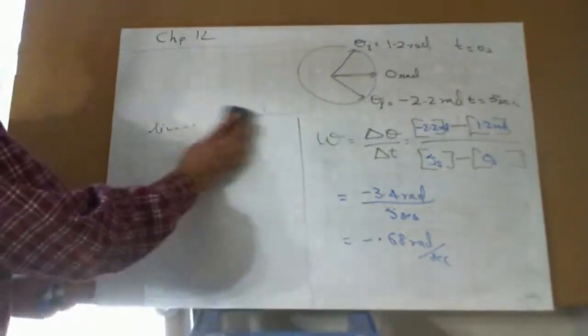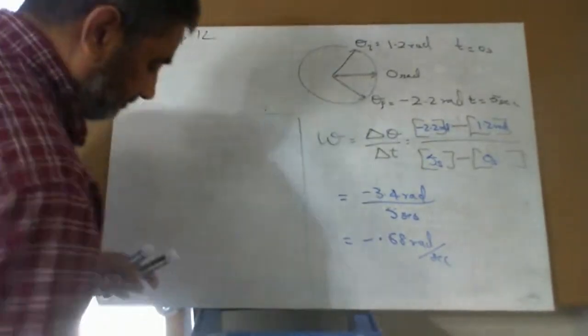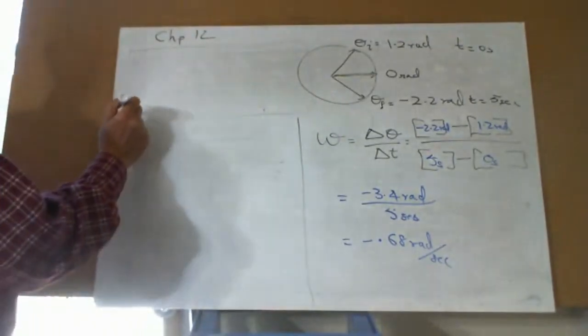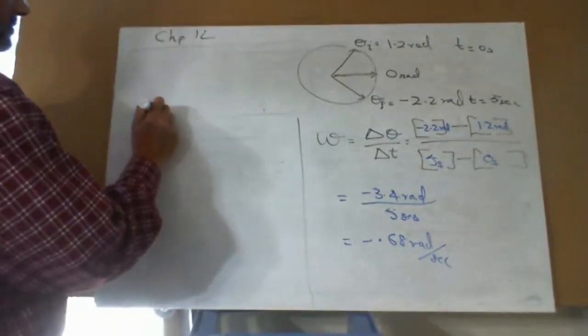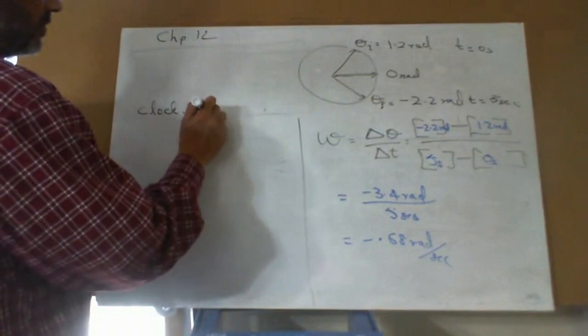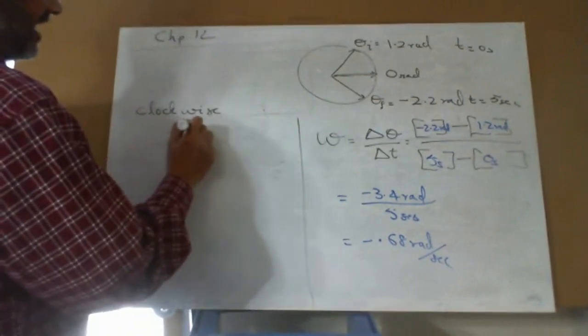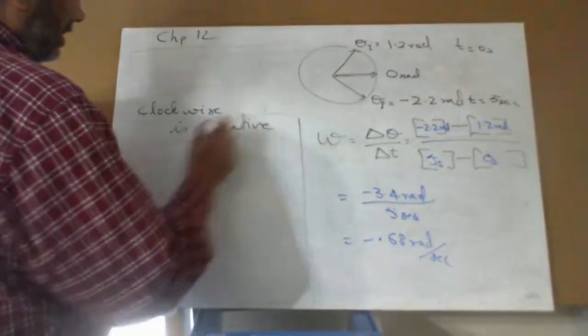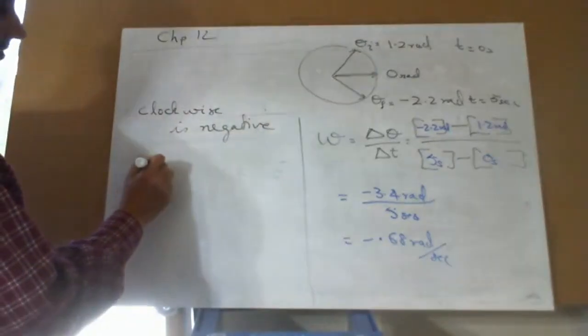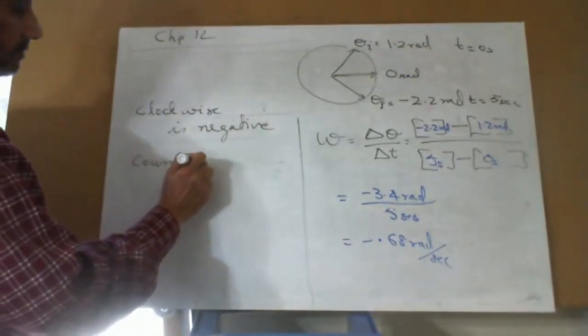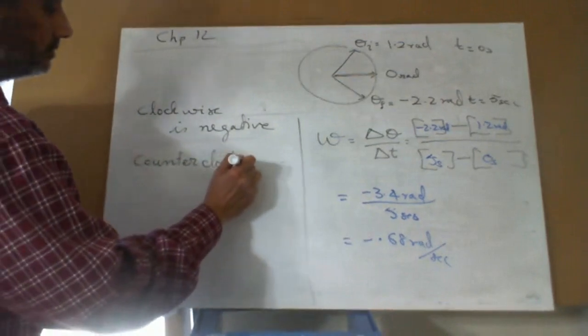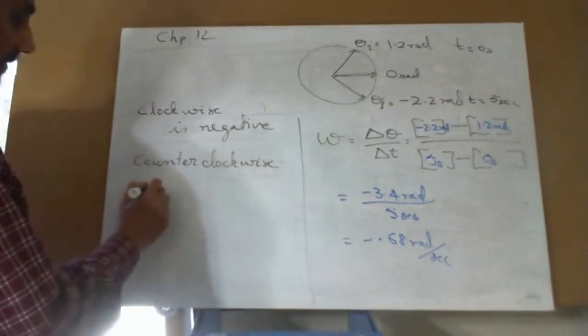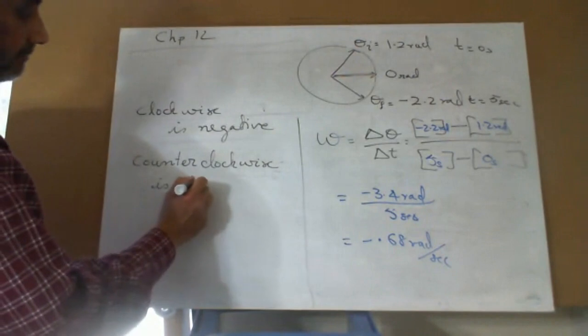Okay, so I'm going to write that here. Clockwise in this class is negative, and counterclockwise is positive.